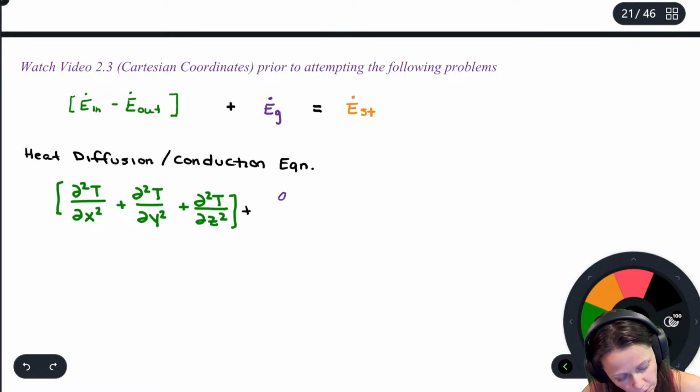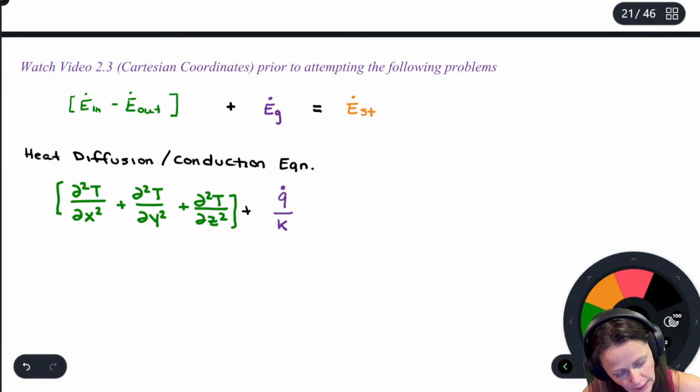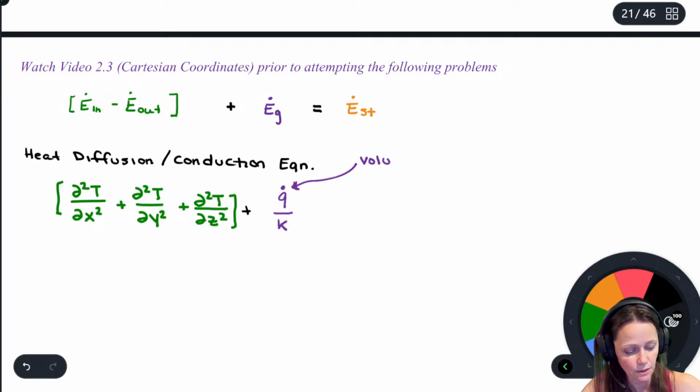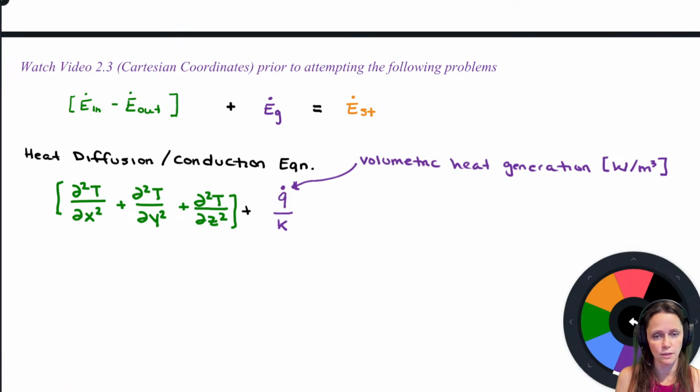And so we're going to define this term right here: Q dot over K. Q dot is the volumetric heat generation, in terms of energy per unit volume. So in SI units, it'd be watts per meter cubed.